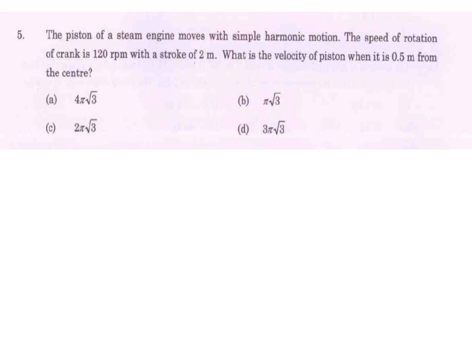The data given are speed of rotation of crank N is 120 rpm. So omega is 2 pi n by 60. It's 2 pi into 120 by 60. So 4 pi radian per second.